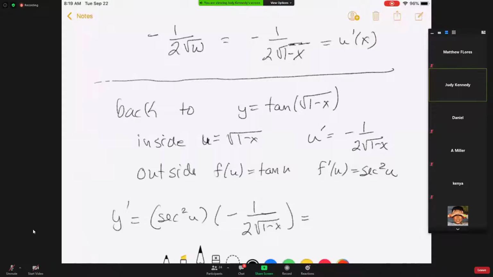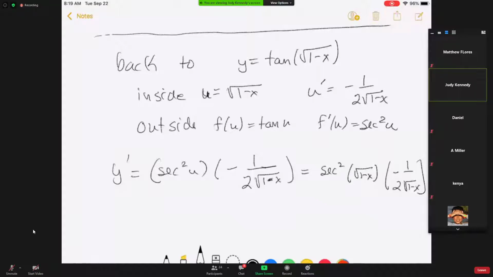And we want to go back to x, the original variable. So that's the secant squared of, well, u is equal to the square root of 1 minus x, and then all that gets multiplied by u prime.